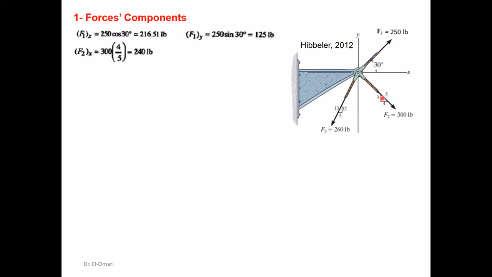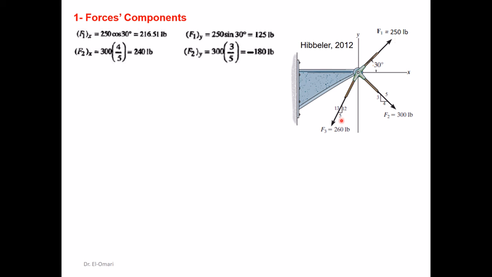For the y component, we will use the 3 over 5 instead, and then you get the y component. Notice here that because the y component of F2 would be directed towards the negative sign, we give a negative sign to that.